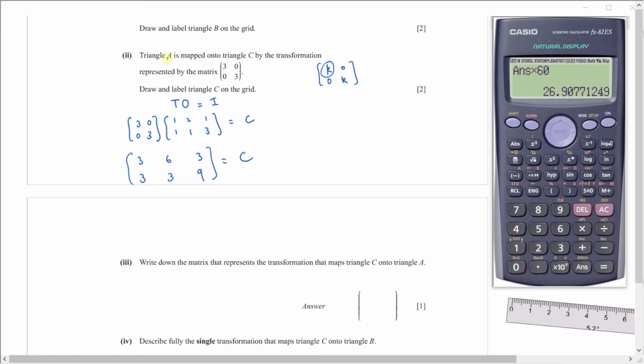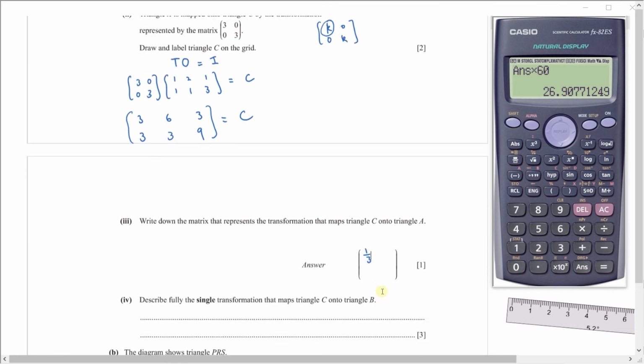In this case, when you went from triangle A onto triangle C, you did an enlargement of scale factor 3 with the center of enlargement as the origin. If you want to go in the opposite direction, you will do the opposite enlargement, which will be 1 over 3.